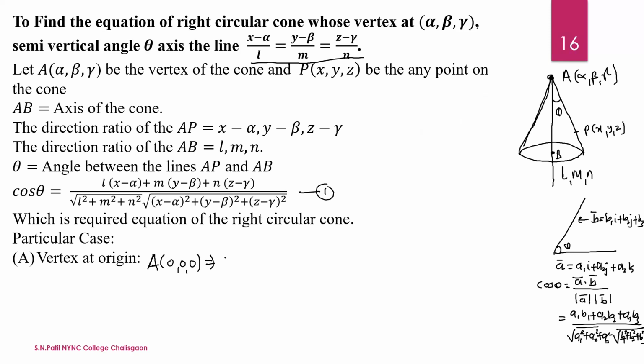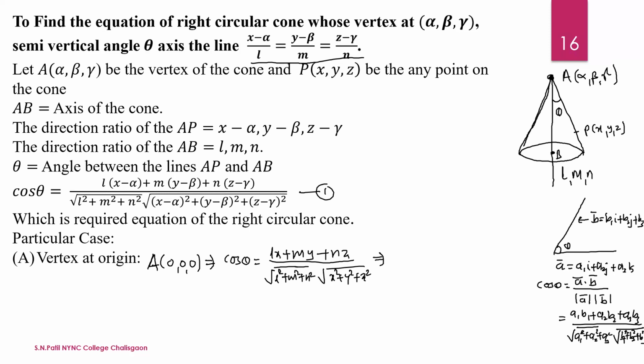We get cos theta is equal to, since alpha, beta, gamma are 0, in the first term Lx remains, in the second term My remains, in the third term Nz remains, divided by the root of L square plus M square plus N square, and here simply the root of x square plus y square plus z square.